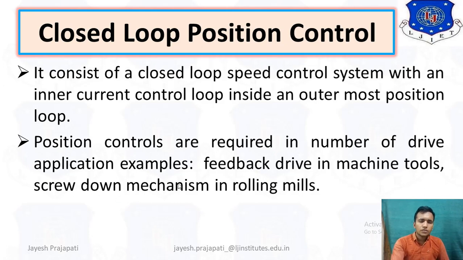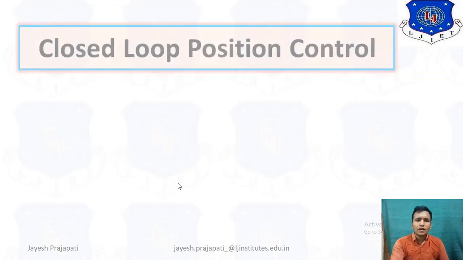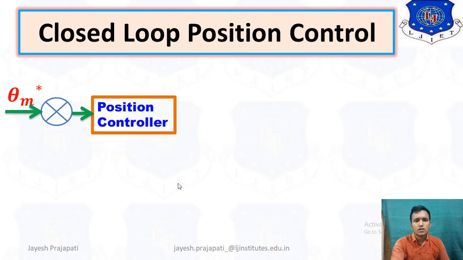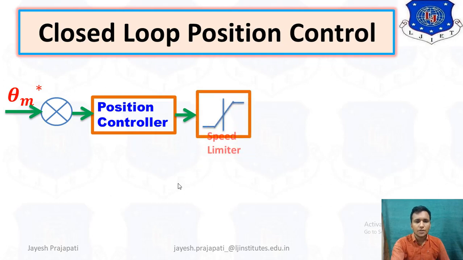Now if we see the position control system, the closed loop position control scheme is like this. We use position for some angle theta m. Theta m star is the input reference that is given to the summing point, then the position controller. From the position controller we give to the speed limiter.